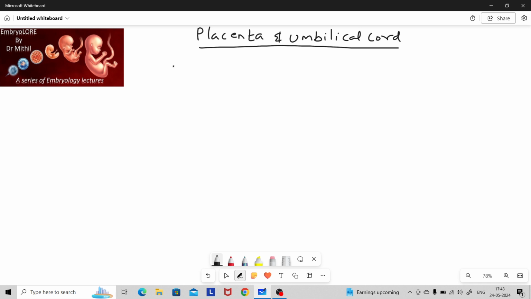Let us try to understand it in a cross section. Here this will be the uterine cavity. And here we have seen in the previous video the implanted embryo. So this is the chorion, and deep to that will be the embryo.